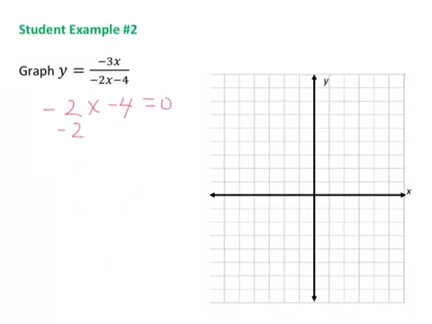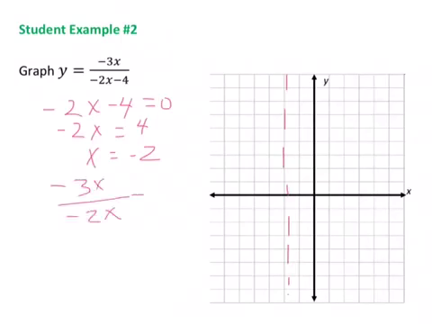That means -2x equals 4, or x equals -2, asymptote. And then look at the ratio of the highest powers, -3x over -2x. In the long run, that fraction is going to go toward the number 3/2. So that is 1.5 coming through as a horizontal asymptote.